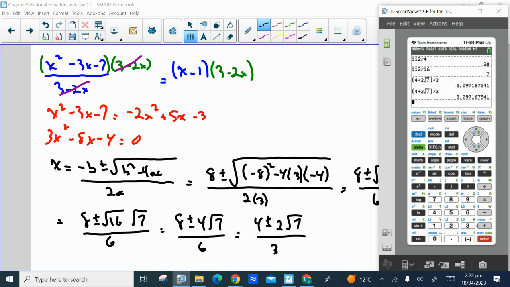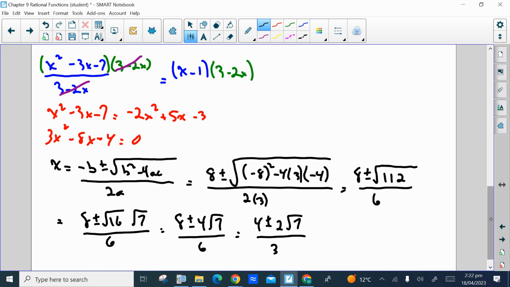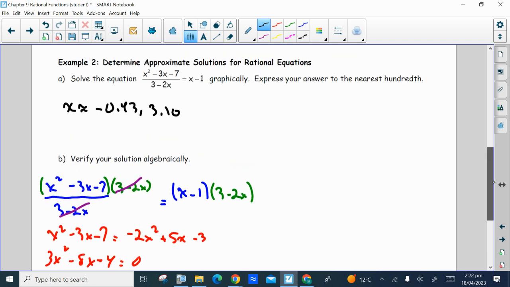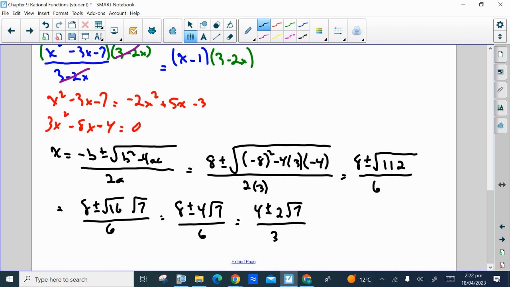And then for minus 2 root 7, there's a negative 0.43 that we got in our graph. And the fact that the graphical solution showed that there were 2 answers means that both answers are valid. If one of them wasn't, the graph would tell us that. The graph would only show 1 if 1 wasn't. Okay?